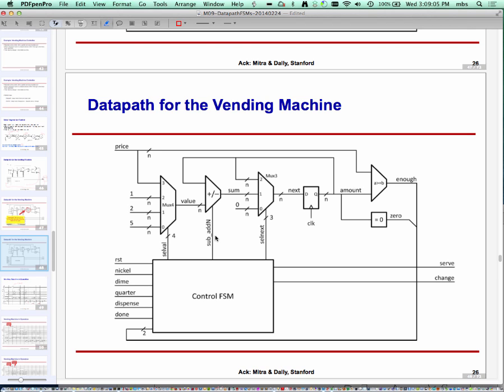Okay. So remember we have not yet designed the controller completely, right? So what would happen is, let's say, whenever the user deposited money, let's say the user deposited a quarter. Okay, so what we'll do is sel val will be set to 0 so that 5 comes in.